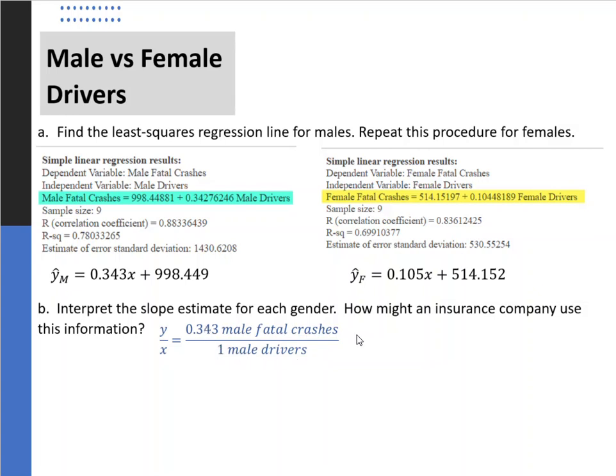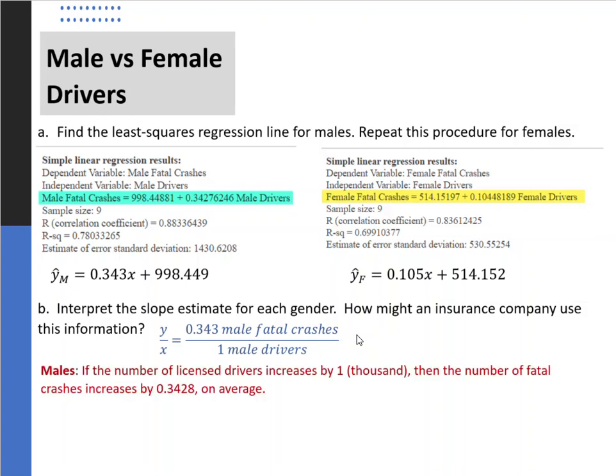And now I need to come up with a sentence that interprets this slope for us. This is an example of what we might see, specifically talking about the males. If the number of licensed drivers increases by 1,000, then the number of fatal crashes increases by 0.3428 on average.